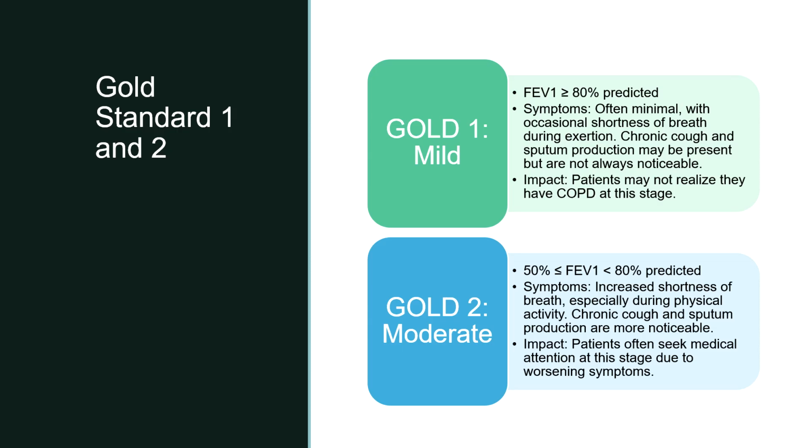So let me go into a little bit more detail about the GOLD standards, and particularly I'm going to go through each stage. And you may ask, why is this important? You've got to remember that GOLD, which is called the gold standard, stands for Global Initiative for Chronic Obstructive Lung Disease.